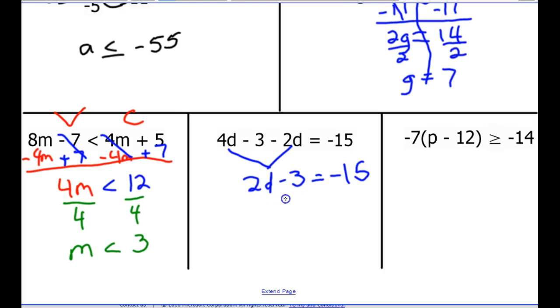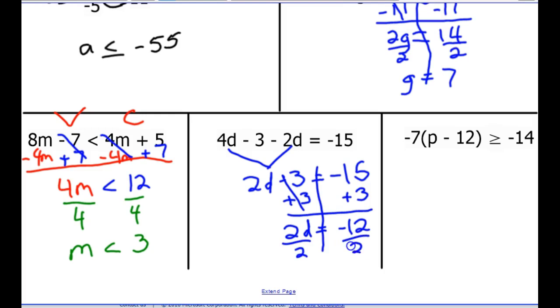So now we need to add 3 because it's the opposite of minus 3. So we get 2d equals negative 12. And we need to divide by 2 to get d by itself. D equals negative 12 divided by 2, negative 6.